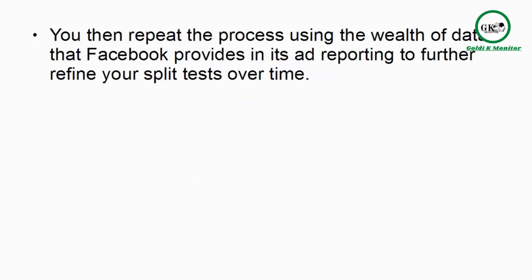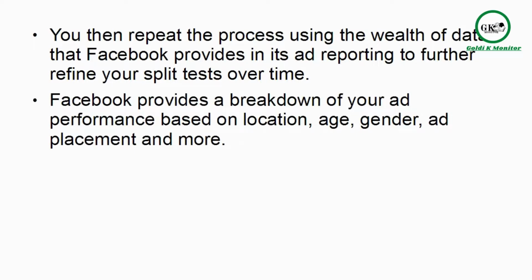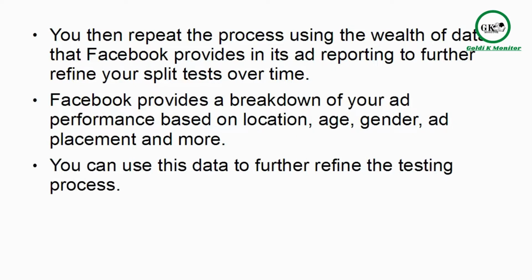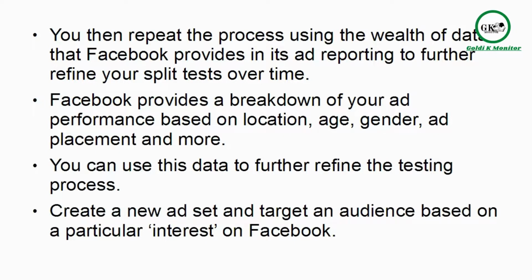And you then repeat the process using the wealth of data that Facebook provides in its ad reporting to further refine your split tests over time. Now, Facebook provides a breakdown of your ad performance based on location, age, gender, ad placement, and more. And you can use this data to further refine the testing process. So you can create a new ad set and then target an audience based on a particular interest on Facebook, for example.